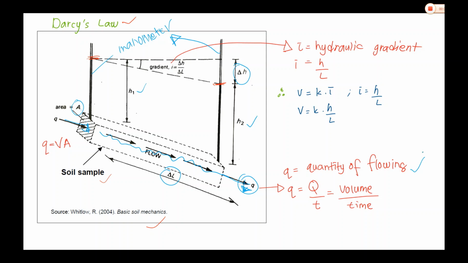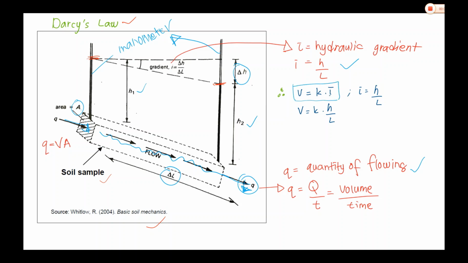Okay. So based on this diagram, kita come out dengan hydraulic gradient. Set the movement of water related with the hydraulic gradient. I sama juga dengan H over L. So H is the head loss, and L adalah length of path, laluan water. So from the Darcy's Law, we have V sama juga dengan KI.